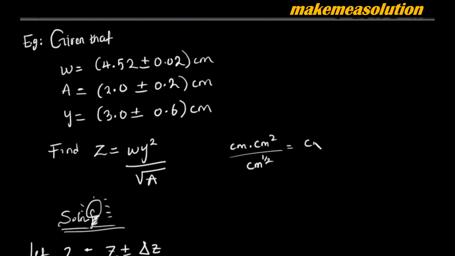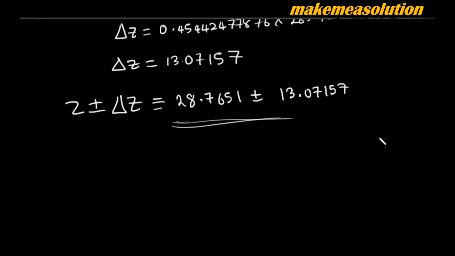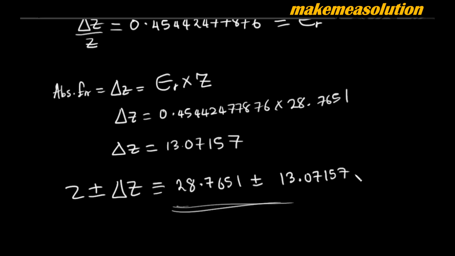So I'll have cm cubed divided by cm to the 1/2, which is cm to the, what? 3 minus 1/2 is what? 5/2. So that will be the unit of z. So z will be cm to the 5/2, like that.